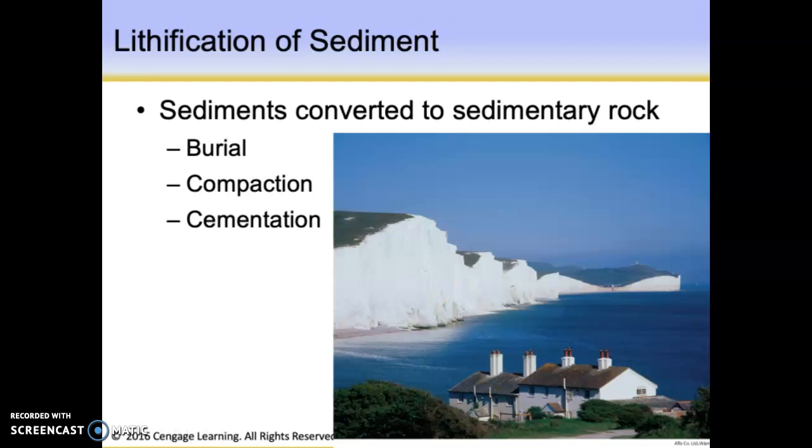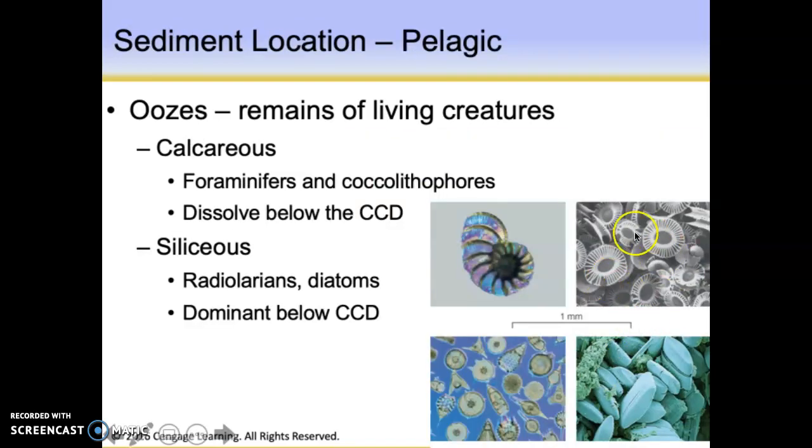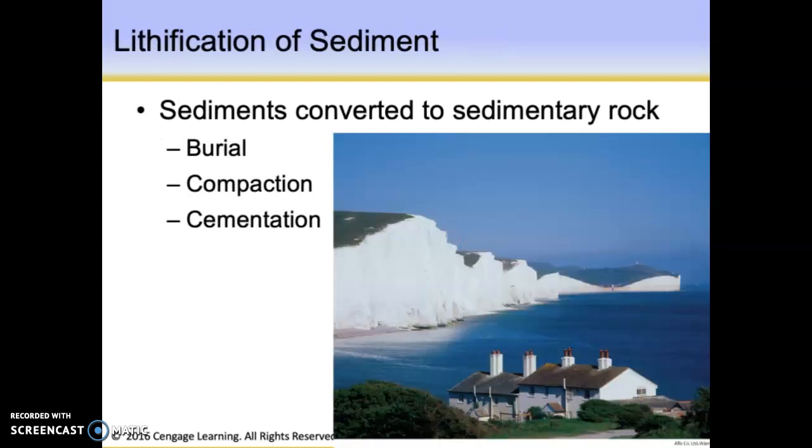But if we looked at them very closely under a microscope, this little picture in the upper right-hand corner, those tiny little microscopic shell pieces from the outside of a coccolithophore is what is making up all of this sedimentary rock that we see in this picture here. So you can imagine how much sediment, how many shells are in there, and how long it would have taken to accumulate all of those tiny little microscopic shells. And that's it.